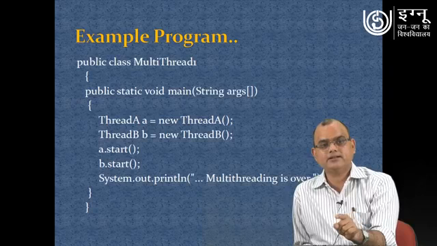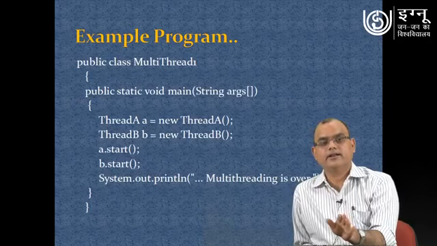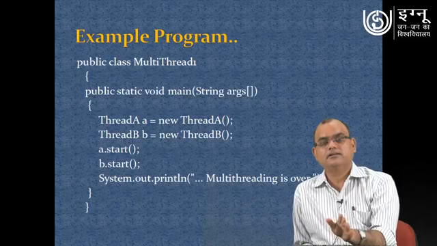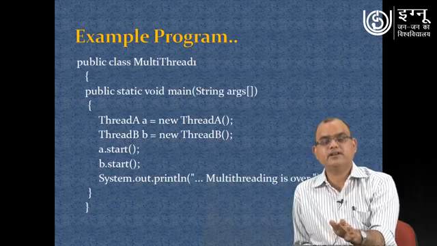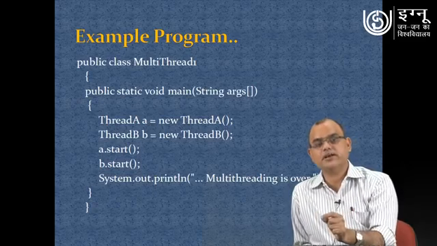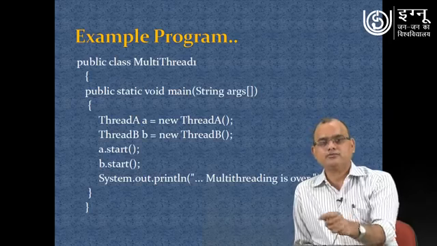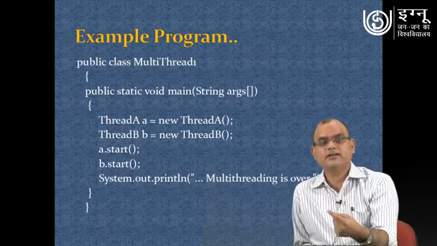Now A.start and B.start are called. It means ThreadA is now in the runnable state, and similarly ThreadB is now in the runnable state. If these two threads are in the runnable state, as soon as the CPU is allocated to these threads, they will execute.